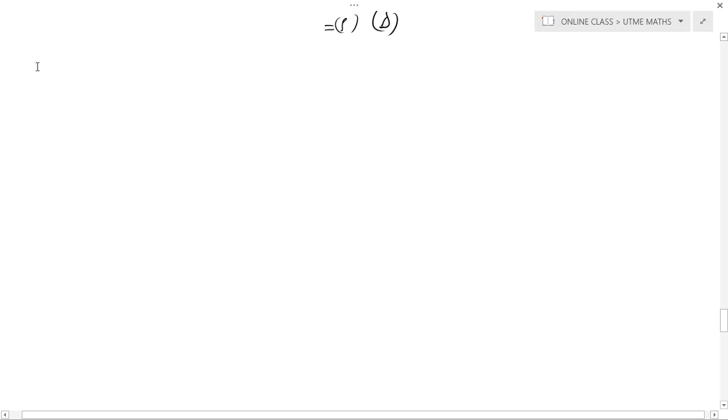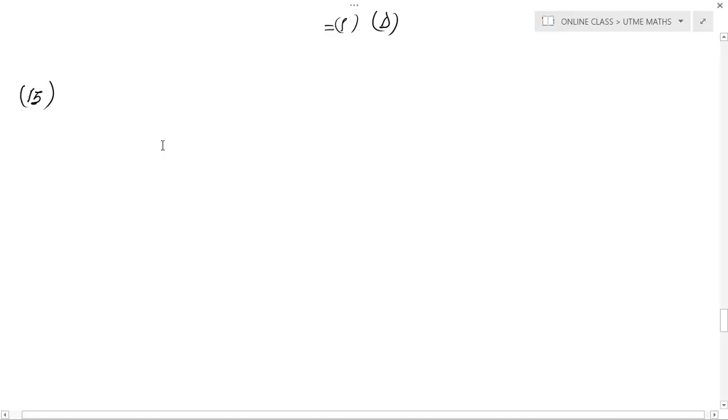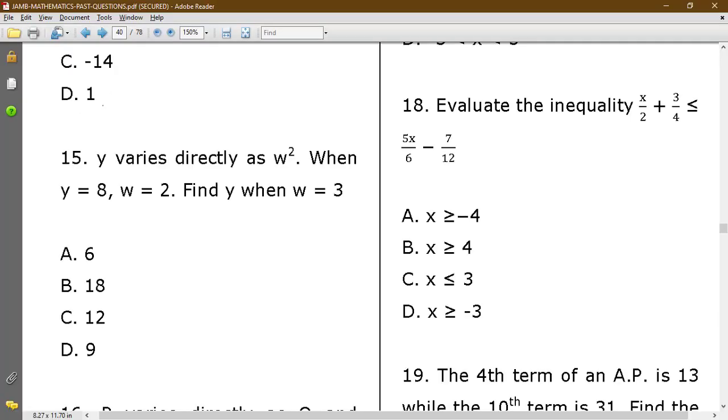We have number 15 now to be solved. Let's see that y varies directly as w squared. So in this one, just write that y varies directly as w squared. Then when y equals 8, w equals 2.